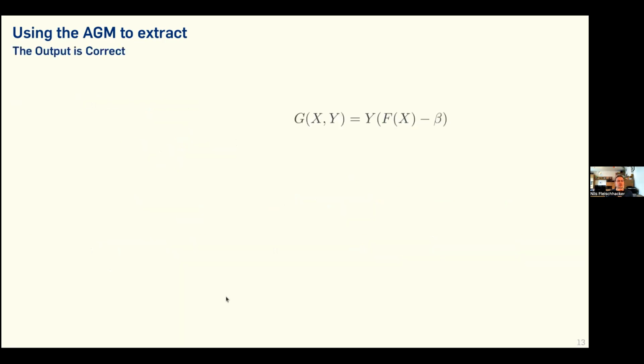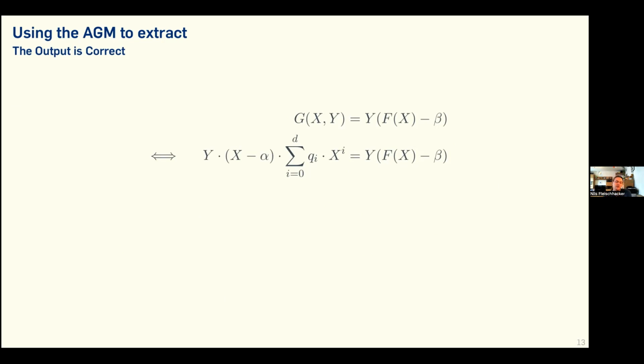So let us first check that the output, if it occurs, is actually correct. If the extractor outputs anything, basically outputs a pi, then we know that this equality holds. Now, as I said, we can simplify the definition of G because all of these coefficients need to be 0, because otherwise it could not be the same.